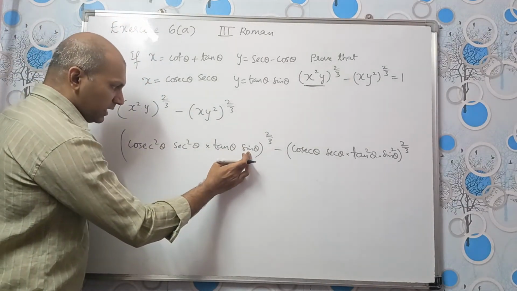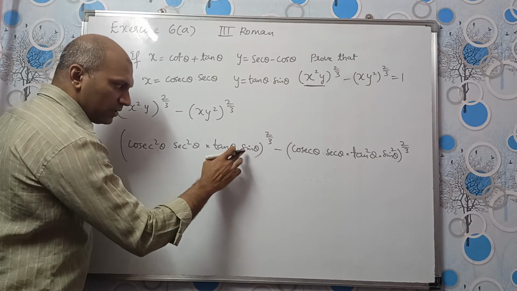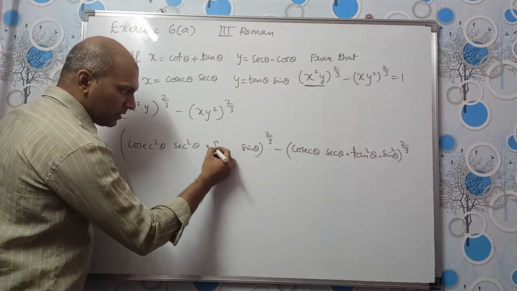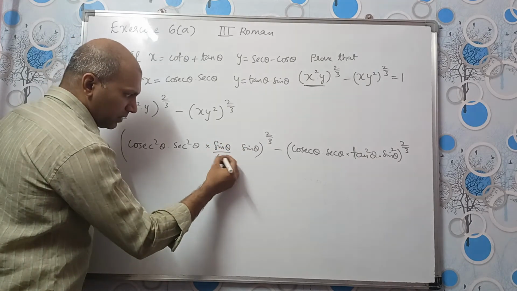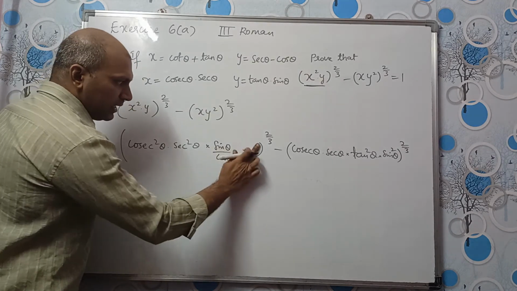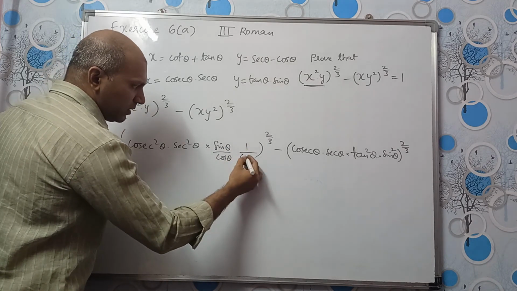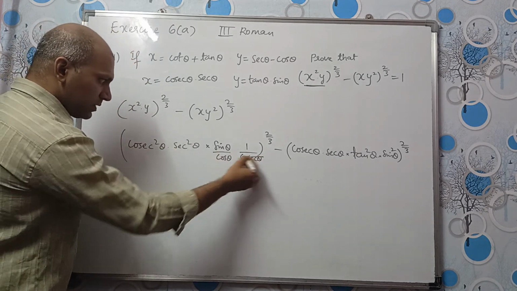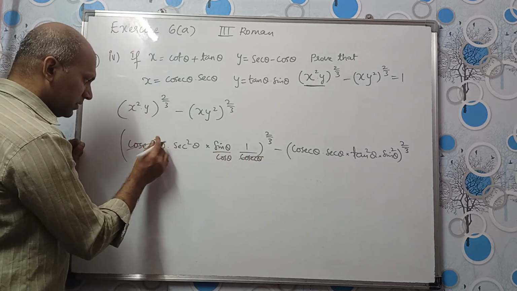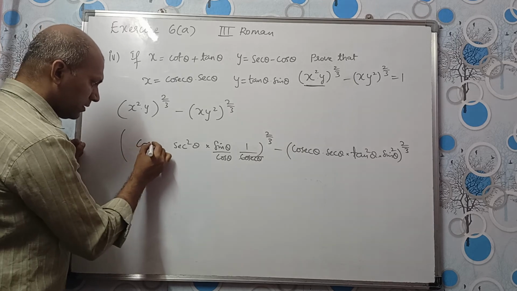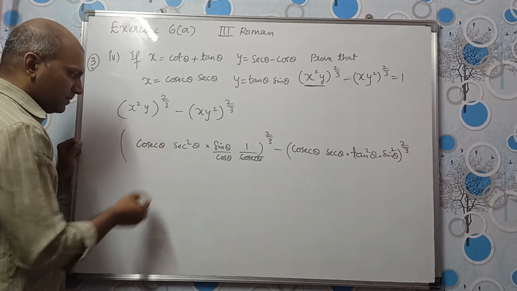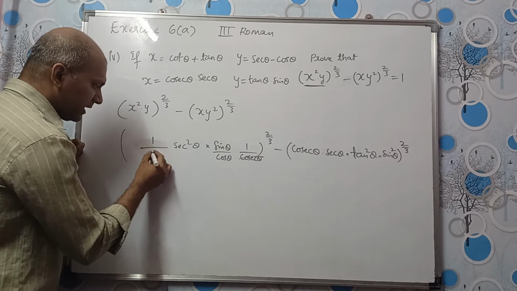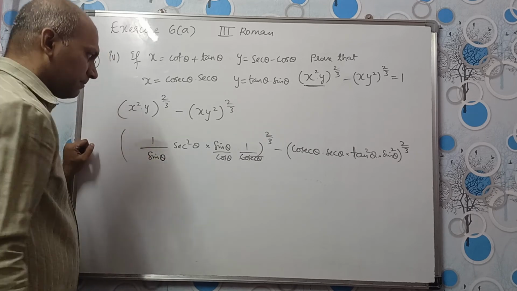Now, if you simplify this, let us see what we have. Tan is sin by cos, right? And sin is 1 by cosecant theta. So this cosecant theta will get cancelled, right? So we'll have here cosecant theta, but this cosecant theta we can write as 1 by sin theta.